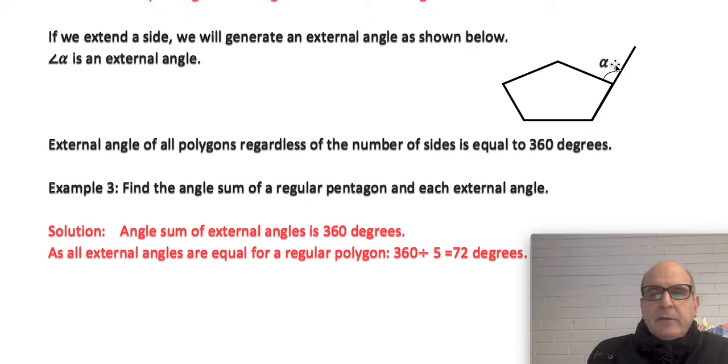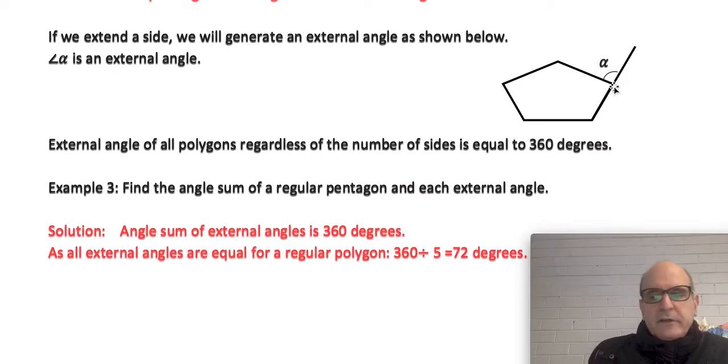Now the fact about the angle sum of external angles. If I extend this one and make an angle here, extend this one, make an angle here, and also this one, I'm going to have 5 external angles, which in this case are not equal.